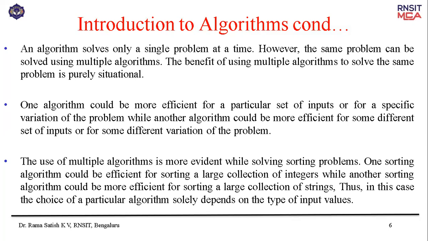I was just mentioning this in the previous slide also. One sorting algorithm could be efficient for sorting a large collection of integers, while another sorting algorithm is more efficient for sorting a large collection of strings. Thus, in this case, the choice of a particular algorithm depends solely on the type of data that you give as input. Very important. Algorithm A1 works excellently fast on integers.